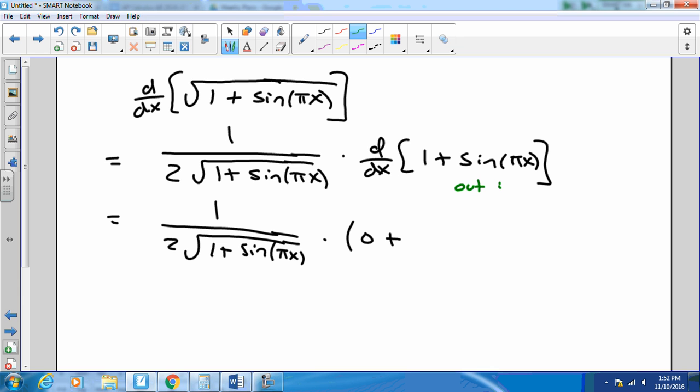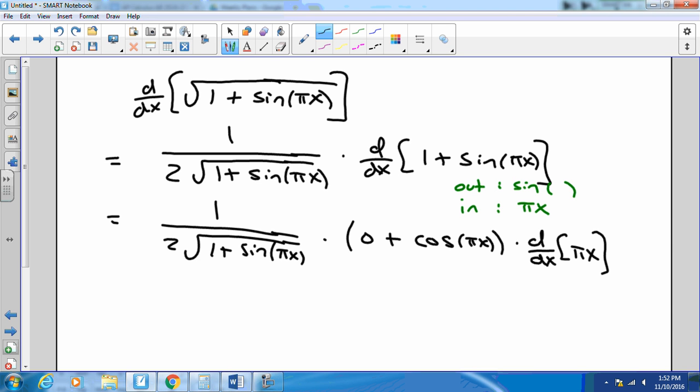I have 0 plus sine of pi x, which is really sine of something, and that something inside is pi x. So we can now think of the derivative of 1 plus sine pi x as the derivative of the outside, that is 0 plus cosine of pi x, times the derivative of the inside.